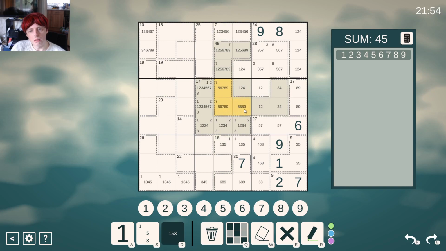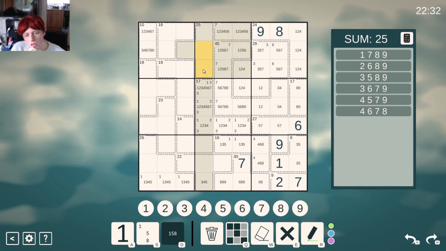The 8 and 9 must be in there. So, because they're not there and they're not there, the 8 and 9 come out of here. So that means there must be an 8-9 pair here.